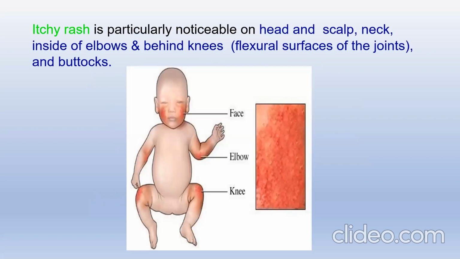Symptoms are an itchy rash, particularly noticeable on the head and scalp, neck, inside the elbows, and behind the knees, that is the flexural surface of joints, and buttocks.